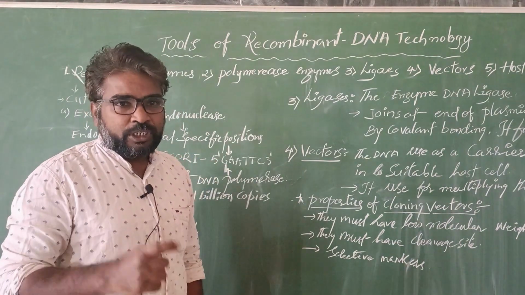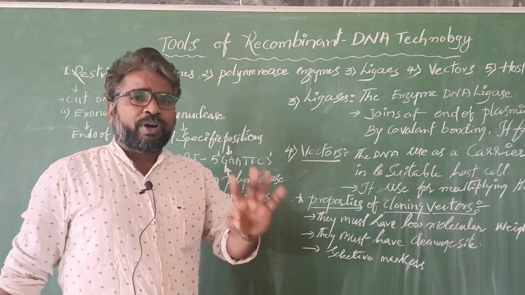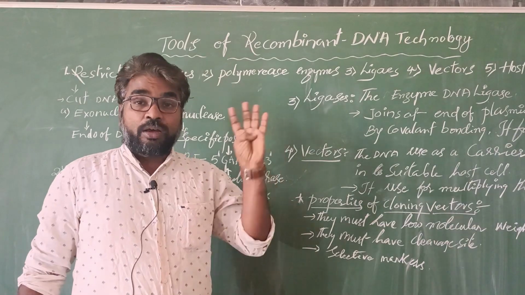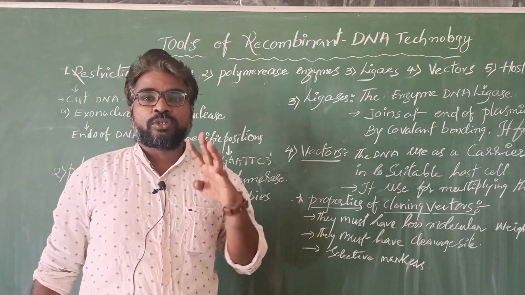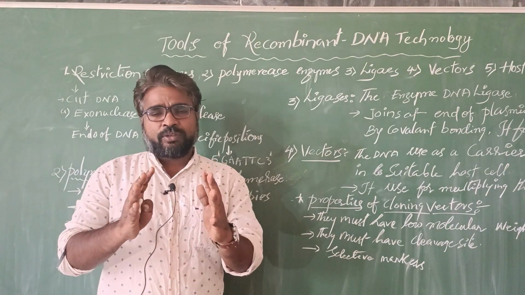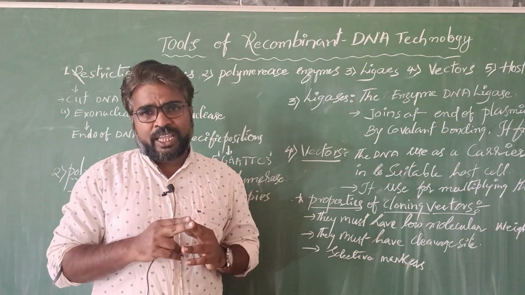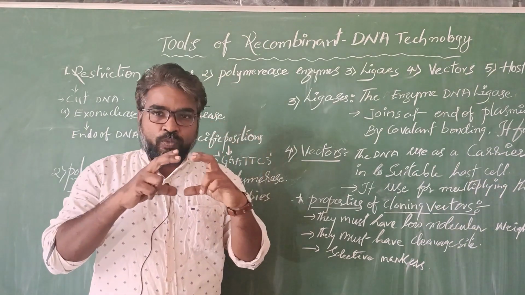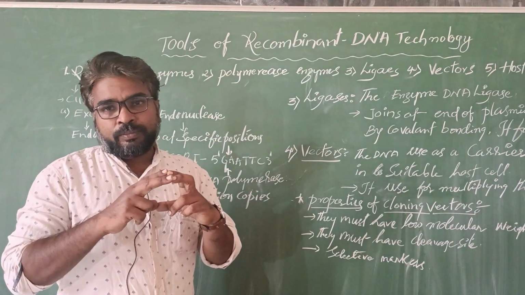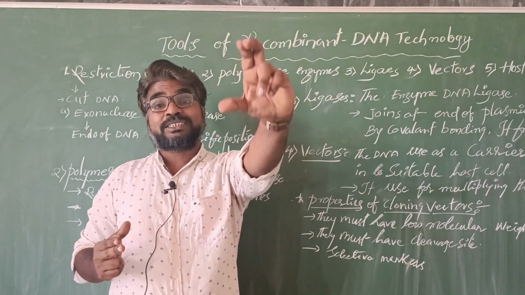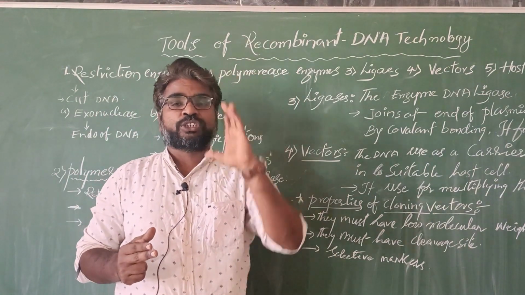Very simply, there are five major tools. In rDNA technology, we cut the DNA and insert it into another wanted plasmid, then it has to be inserted into another host cell.